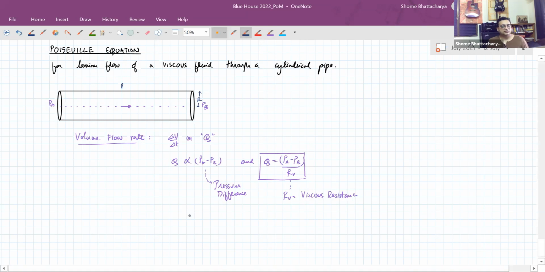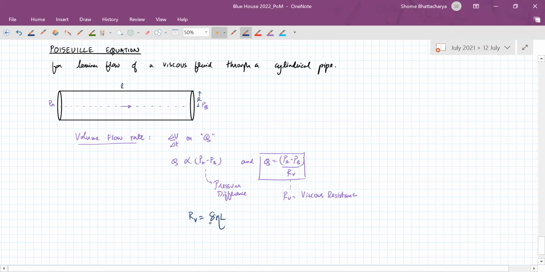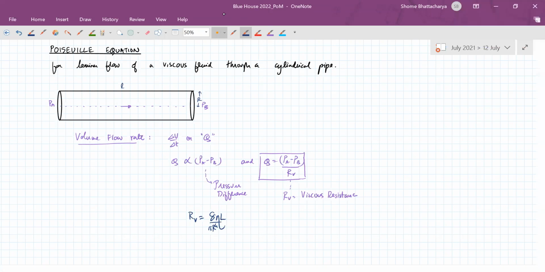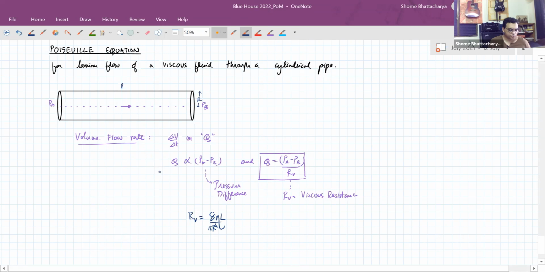So this viscous resistance is now given by quite a ghastly formula, and we will derive that formula just a bit later. It is 8 times the coefficient of viscosity, eta, into L, divided by pi r to the power 4.